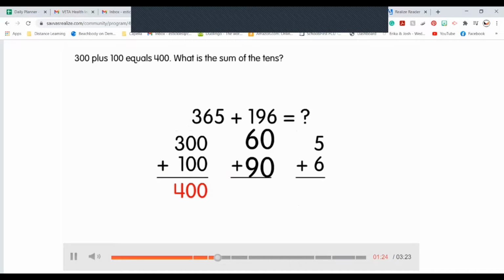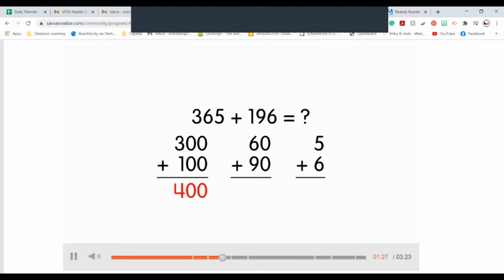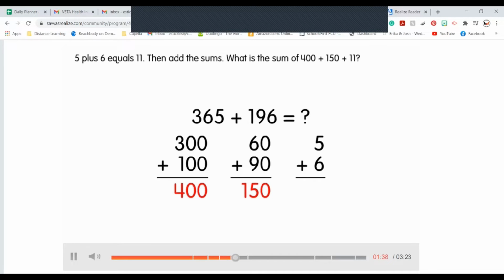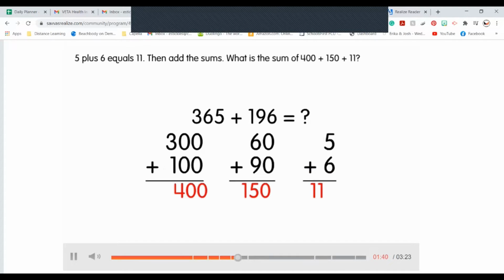What is the sum of the tens? 6 plus 9 is 15, so 60 plus 90 would be 15 tens, which is 150. 60 plus 90 equals 150. What is the sum of the ones? We know that 5 plus 6 equals 11.